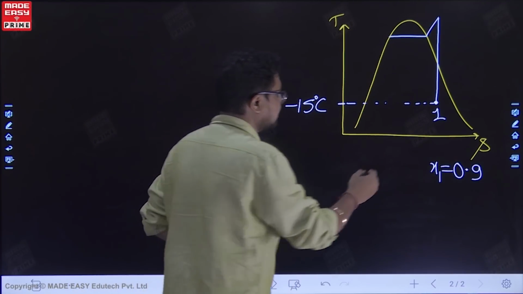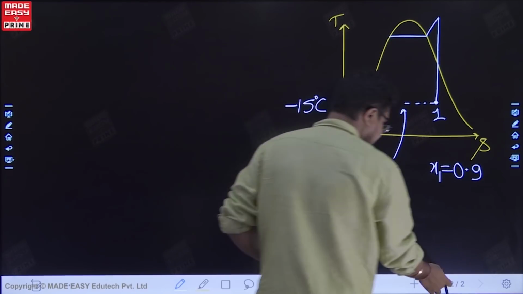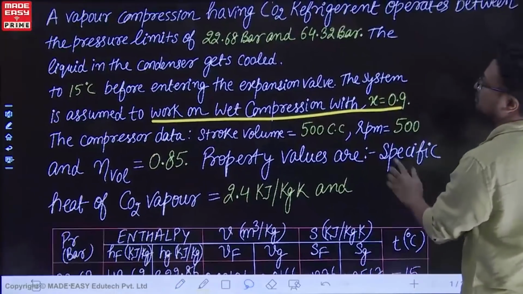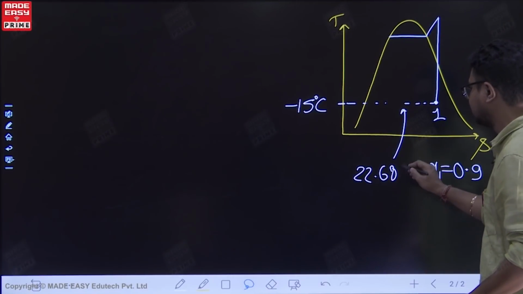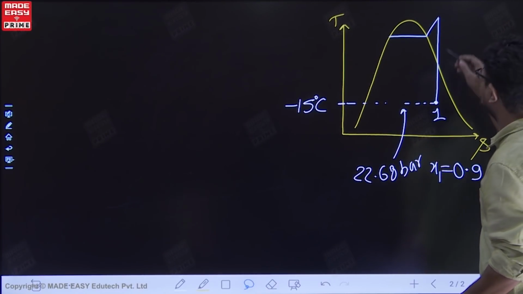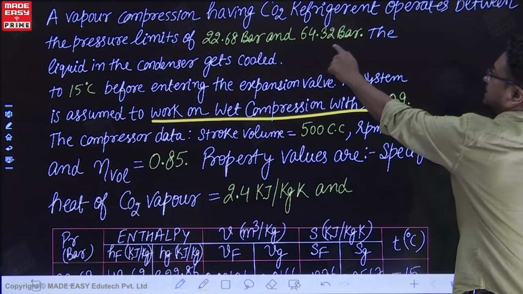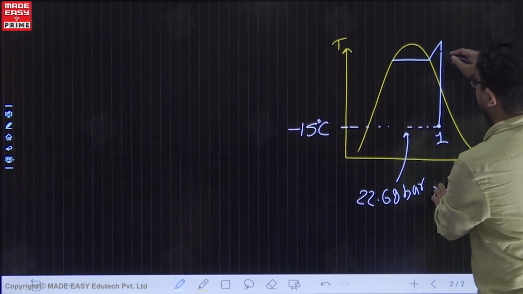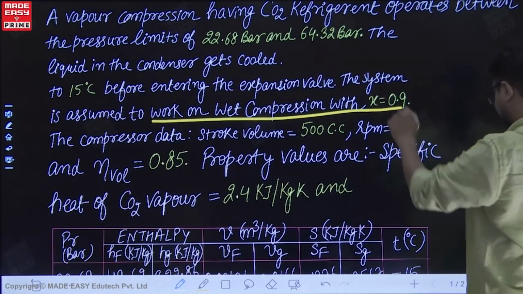And the pressure is 22.68 bar. This is the pressure. Now the higher pressure is given to be 64.32 bar.